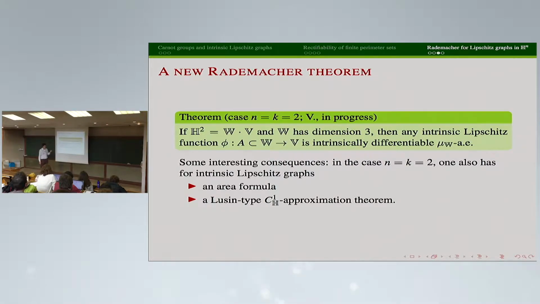So every intrinsic Lipschitz function phi coincides with a function which is intrinsic C1 almost everywhere, out of a set of arbitrarily small measure. So you give me epsilon and an intrinsic Lipschitz function phi, I can produce another function which is intrinsic C1. Let me skip the definition of intrinsic C1 regularity, and it coincides with the given phi out of a subset of measure epsilon.